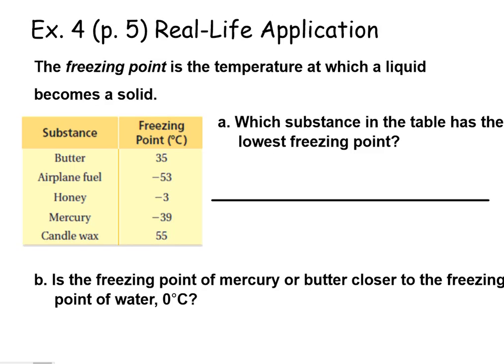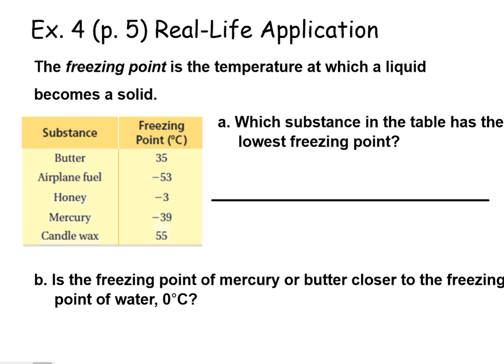Okay, example 4 begins on page 5. This is our real-life application, and it's about the freezing point. It says the freezing point is the temperature at which liquid becomes a solid. So we have some substances. We have butter, and butter freezes at 35 degrees Celsius.